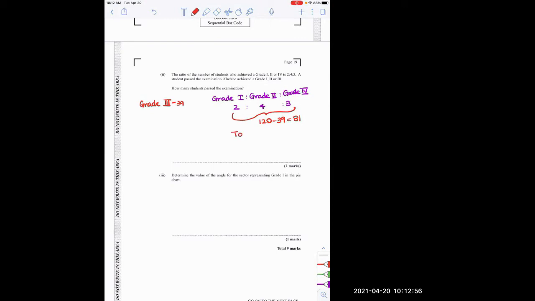So the total shares is 2 plus 4 plus 3, which is 9. So 9 shares represent 81 students. So 1 share will represent 81 over 9, which is 9. So for grade 1, it will be 2 by 9, which is 18. And for grade 2, it will be 4 by 9, which is 36.